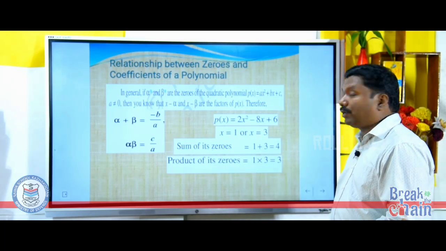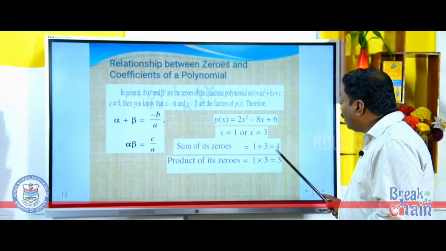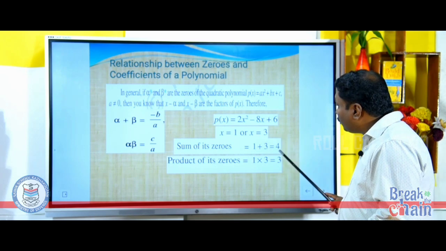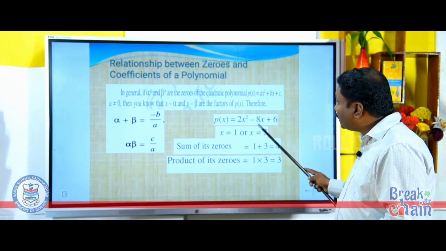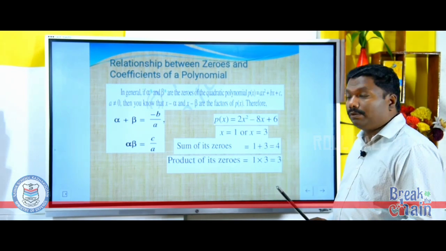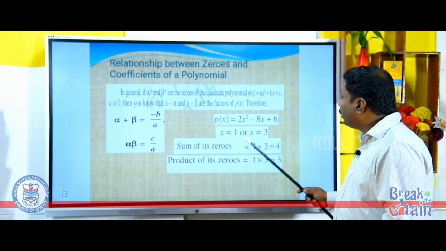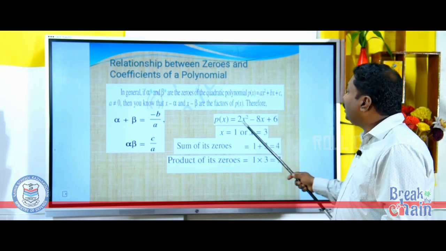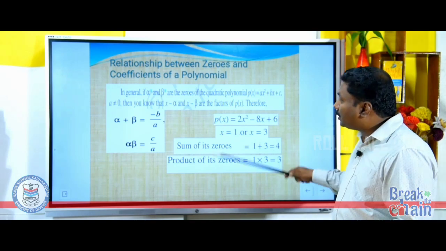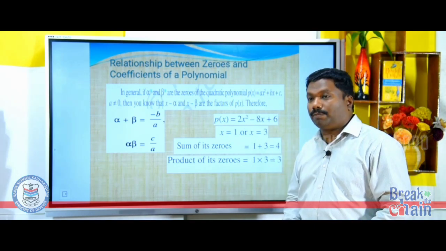The sum of the zeros, alpha plus beta, is 1 plus 3 equals 4. This 4 is equal to minus b by a, minus of minus 8 by 2, which is 4. The product of the zeros is 1 into 3, which is 3, and it is c by a, 6 by 2. This is the relation between zeros and coefficients of a polynomial.